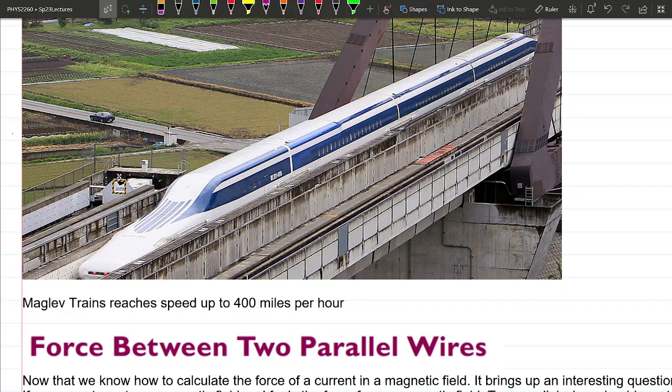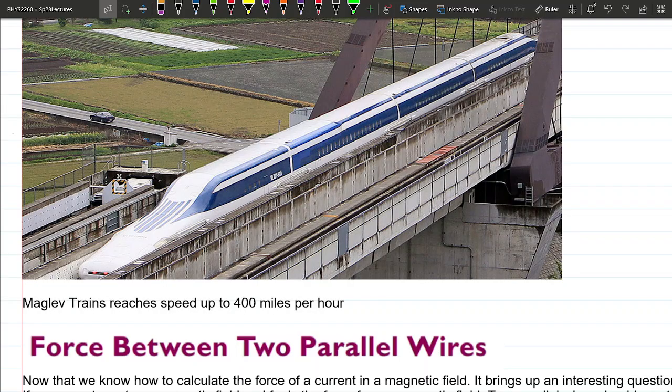Okay, and these maglev trains can reach up to like 400 miles per hour, at least the ones in Japan and maybe in Europe and in China. And these crazy shaped maglev trains are utilized to go around pretty fast. For a hyperloop, the hyperloop is kind of a different idea.